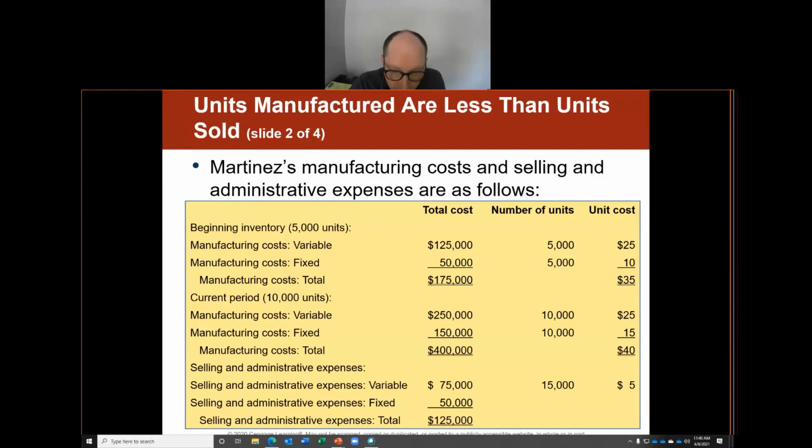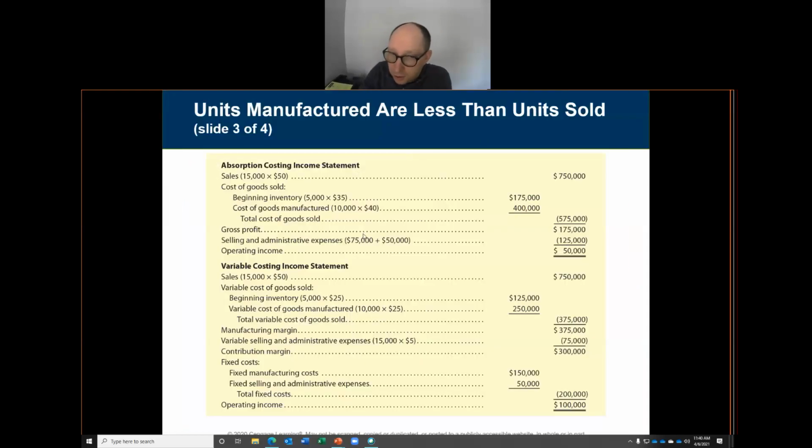Then of course we have our selling administrative expenses, $5 per unit, 15,000 units sold, 75. Then we have fixed, 50,000. Total selling administrative expenses, 125. How does it look? How does it compare? Okay, sales, 750,000. $50 selling price times 15,000 units sold.